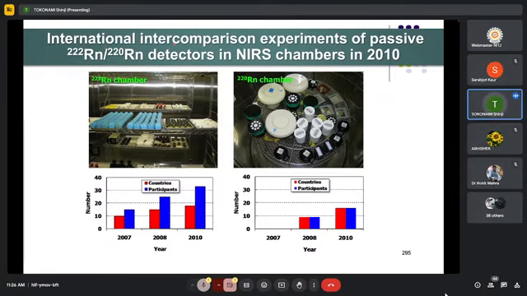I will also show you the international intercomparison experiment of passive radon thoron detectors in NIRS chambers in 2010.